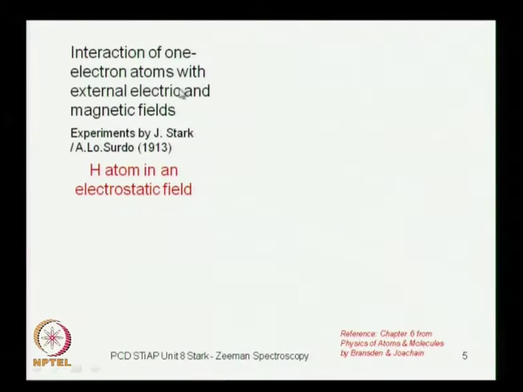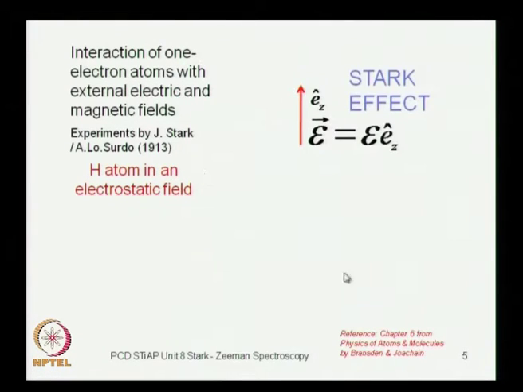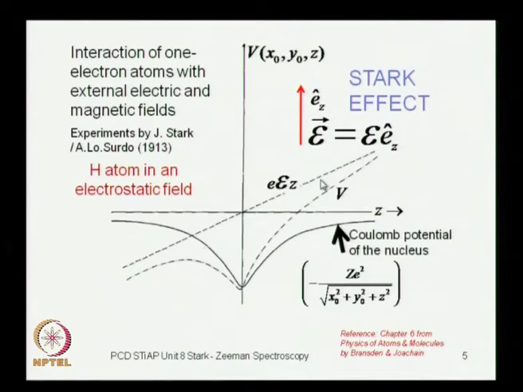So, let us consider the hydrogen atom placed in an electric field now. Let us say that the electric field is applied along the z axis, and if you now plot the potential seen by the electron, it is the Coulomb potential, which goes like this, right.